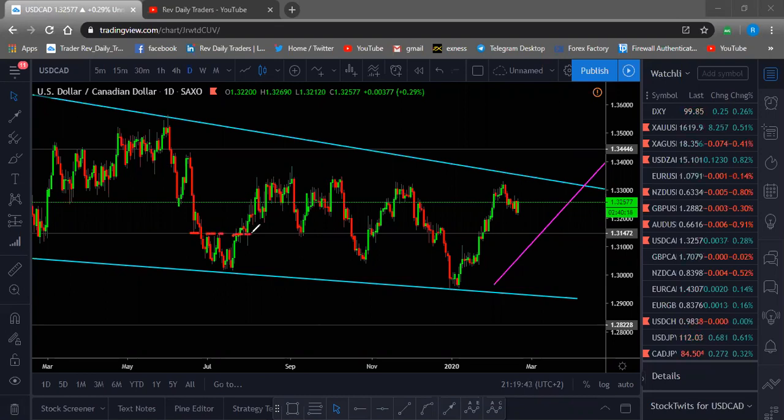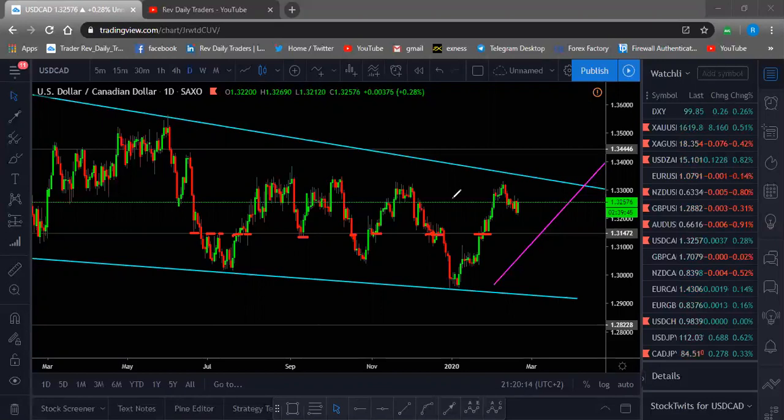Many touches that respected this RS. That means it's valid RS, okay? I will show you in the next video how we use this RS to our advantage for patterns. Okay, guys, how we take our trade for a confluence.